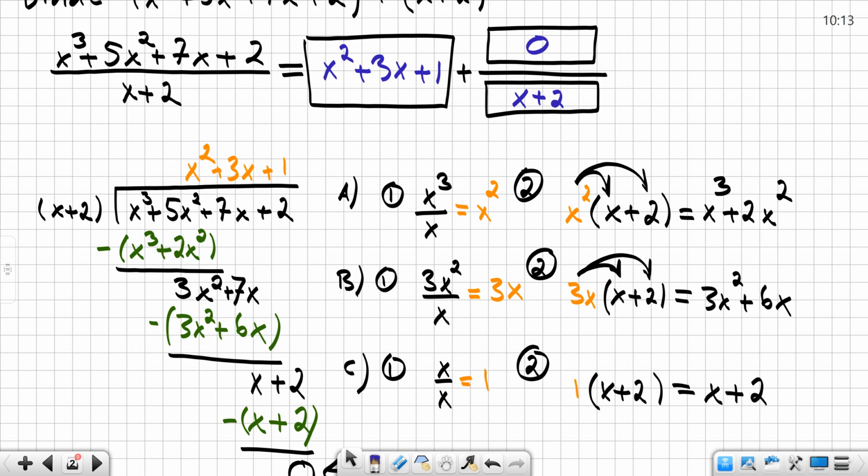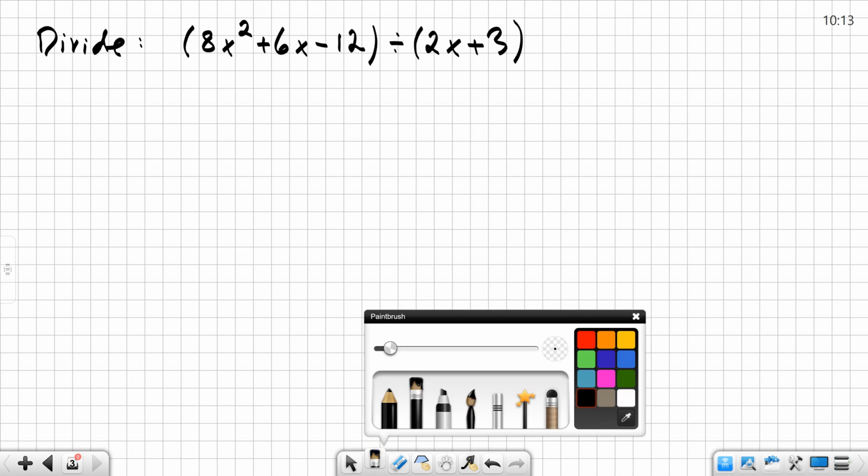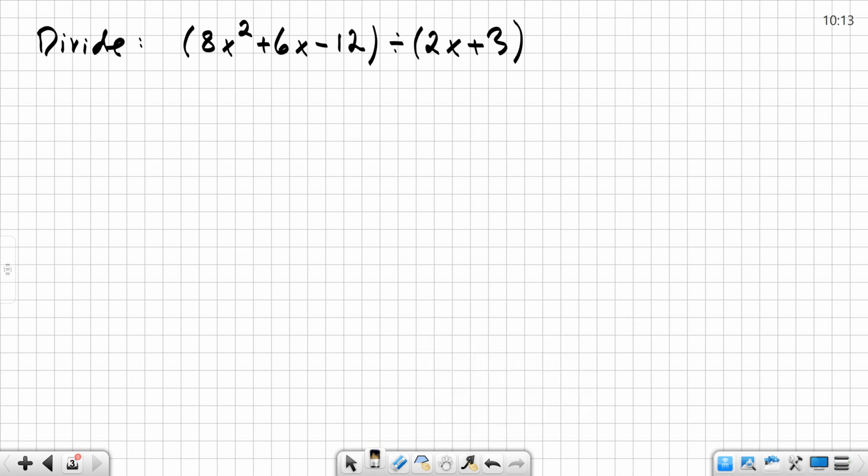All right, let's do another one. Maybe this time we can skip those steps written down on the right side so that it doesn't look more complicated than it really has to be. All right, I have 8x squared plus 6x minus 12, and I'm supposed to divide this by 2x plus 3.